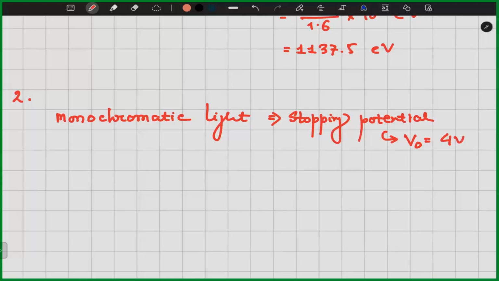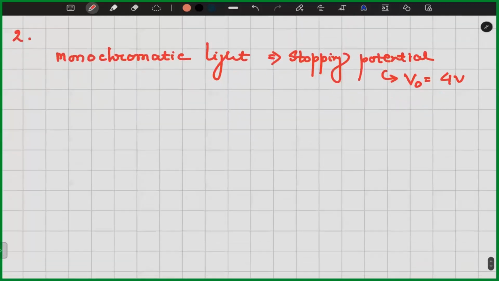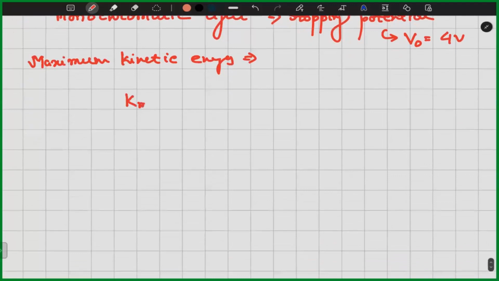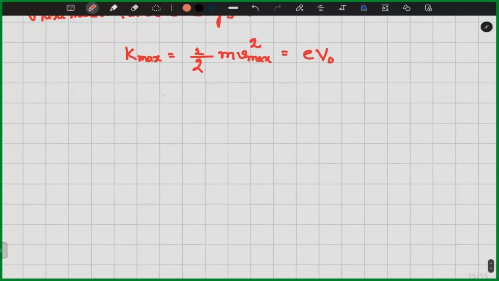They ask us to calculate the maximum kinetic energy. So it's easy. How can we calculate that? We know that Kmax equals half m Vmax square. What should it be? We know eV0. So let's put it.